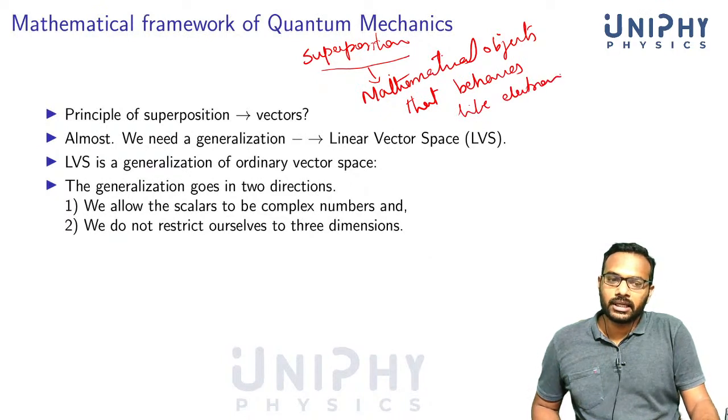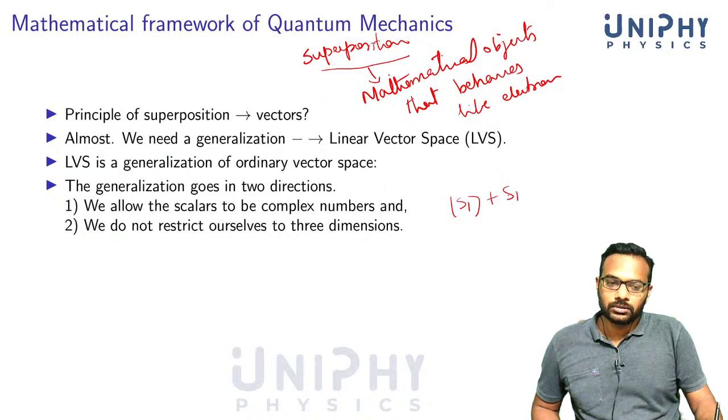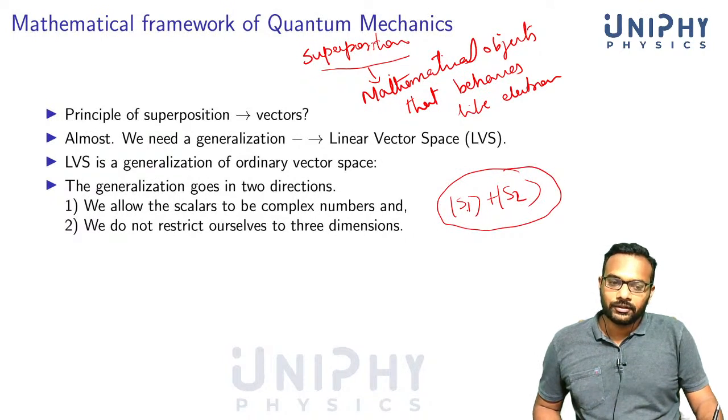And what's the main behavior of electrons? If the electron can be in slit 1 and can be in slit 2, then it's also in both slits at the same time. This is the behavior of an electron. If this is a possible state and this is a possible state, then this combination is also a possible state.